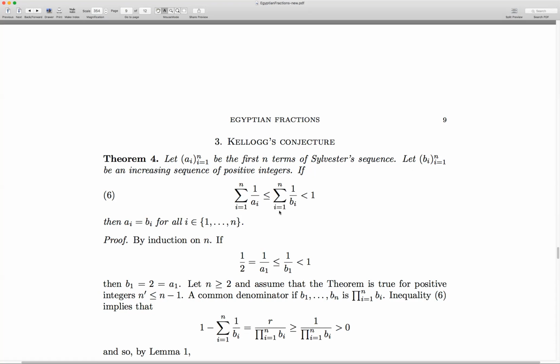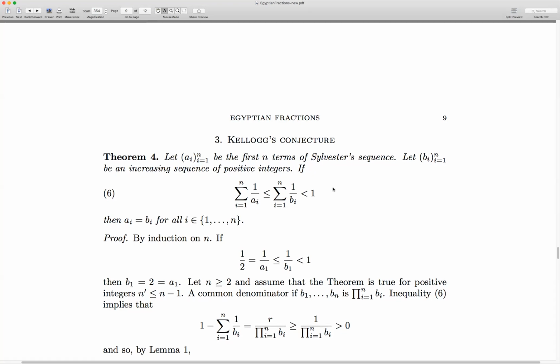That is, if you're going to use n Egyptian fractions, the closest you can come to 1 and not be equal to 1 is taking the first n terms of Sylvester's sequence.